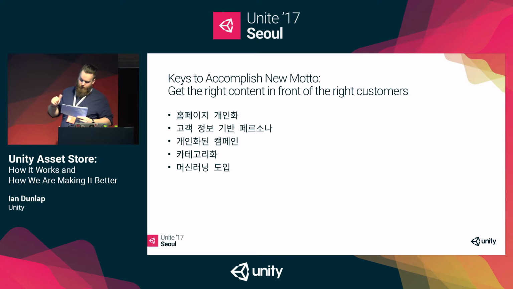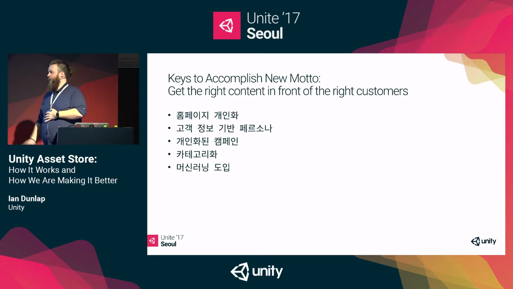Customized campaigns, I'll go into that in a second. Category homepages, the same thing, a struggle of the current store. We see about 50-50 of users who come and know what they want, and start searching immediately, versus people who come to our store and just click on a category and start looking around. They might be curious about what they're trying to find.